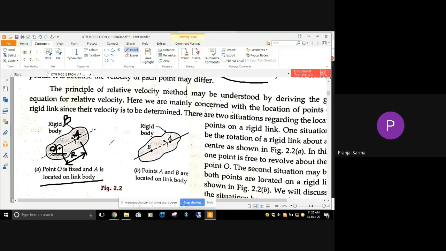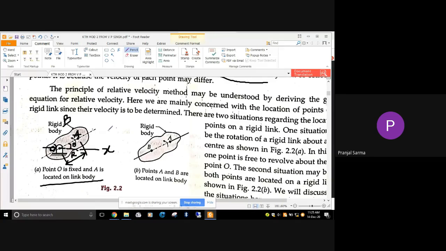Suppose we draw a horizontal line like this. Let's consider line OA, this one. Line OA makes an angle theta with the x-axis. Let's draw this x-axis and let this angle be theta.